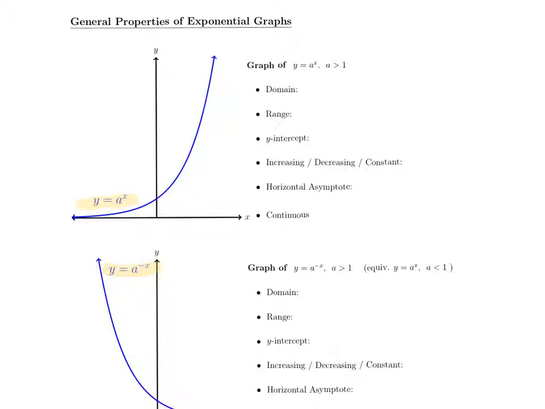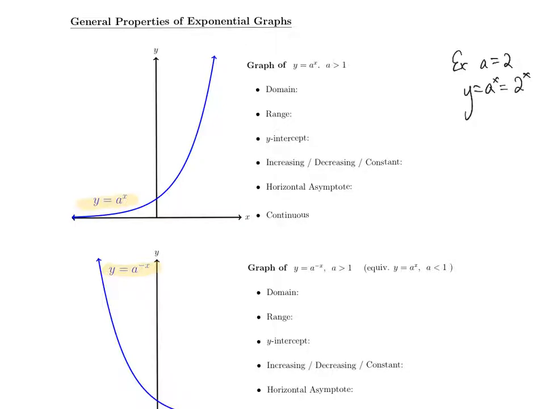Now, once we actually plug in numbers, suppose I pick a number like a is 2, then this graph is going to look like a to the x, which is 2 to the x.